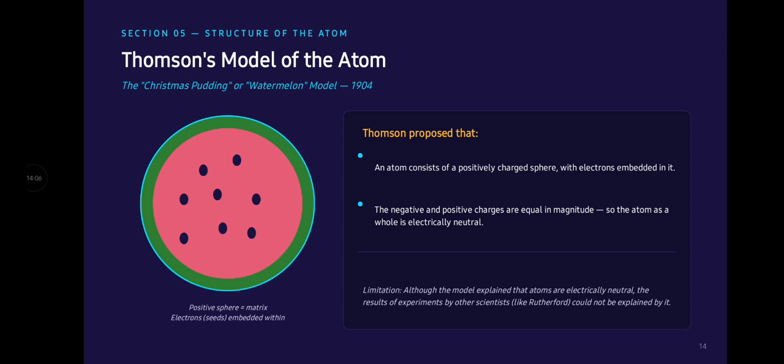The negative and positive charges are equal in magnitude, so the atom as a whole is electrically neutral. Its limitation is that, although the model explains that atoms are electrically neutral, the results of experiments by other scientists like Rutherford could not be explained by it.